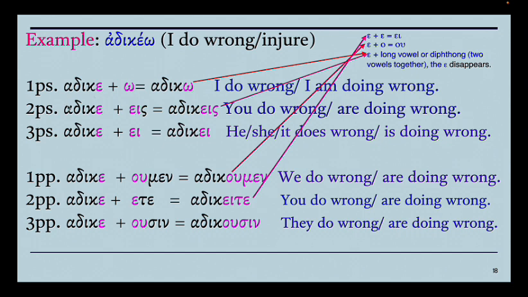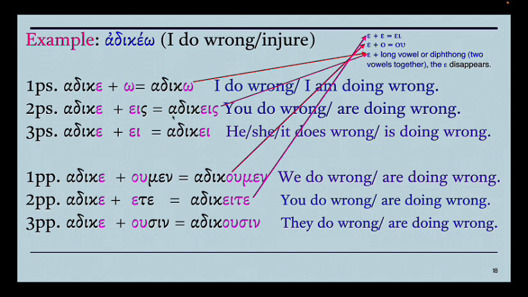The same rule applies here. Adike plus a diphthong. Or even, yes, a diphthong. Adike plus epsilon plus a diphthong, then epsilon disappears. This epsilon disappears. Then what do we have? We have adikeis.